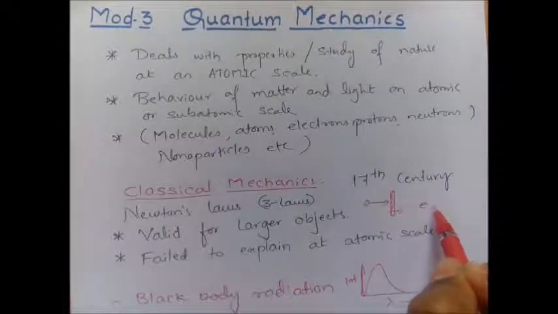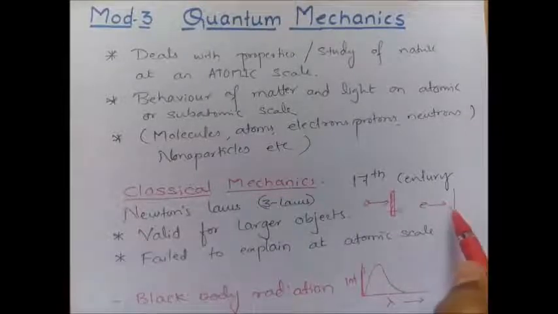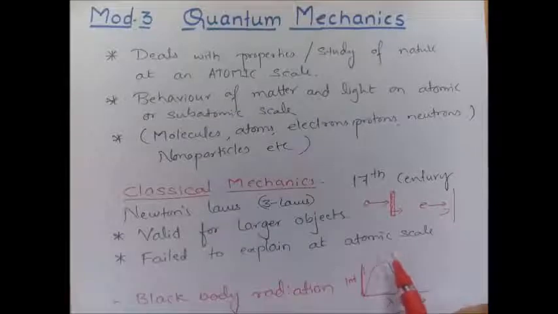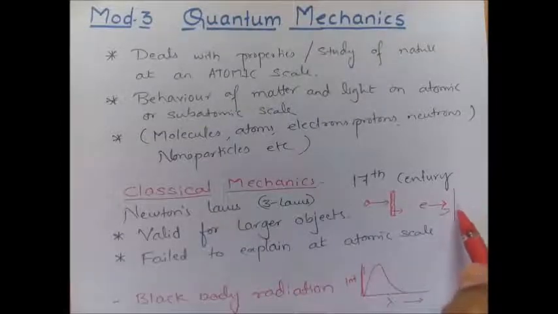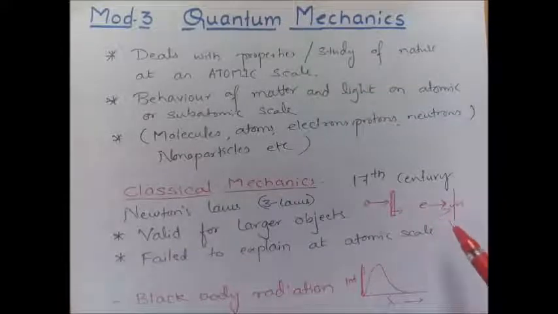If I take an electron and it hits some potential, which we call a potential barrier, it will not come back like this. If it has sufficient energy, it will go beyond the barrier. This is called tunneling. These things start happening at atomic or subatomic scales.